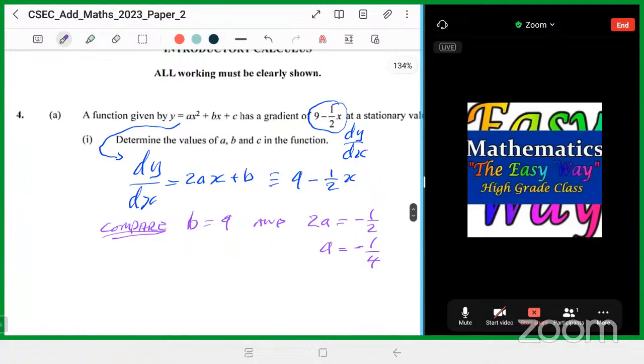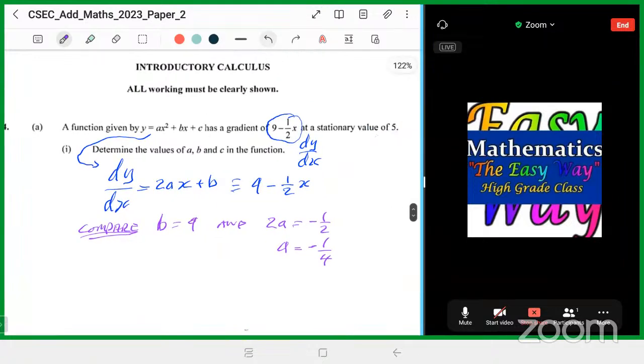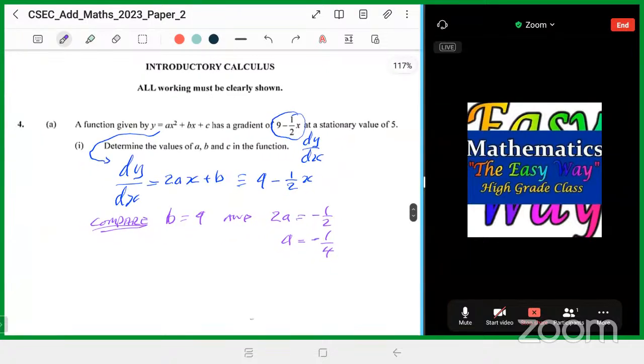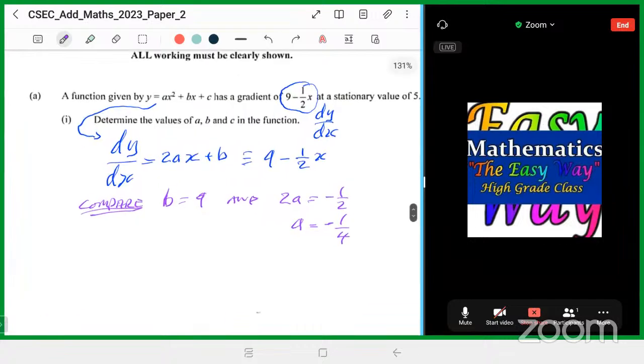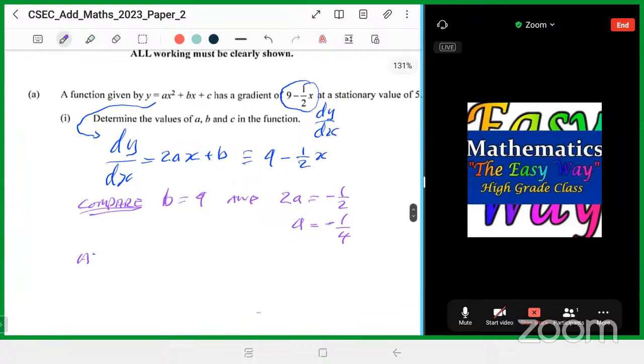But they did tell us that the stationary value is 5. So at the stationary point, the dy by dx is equal to 0.